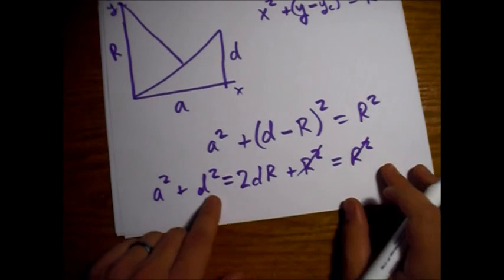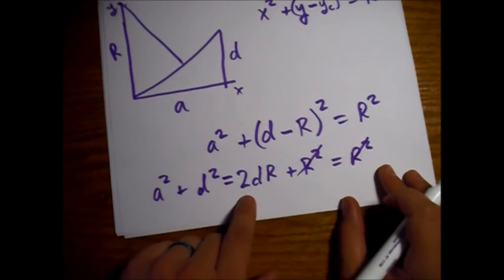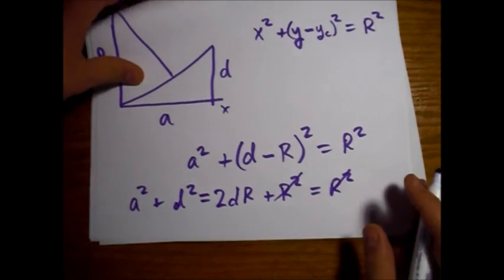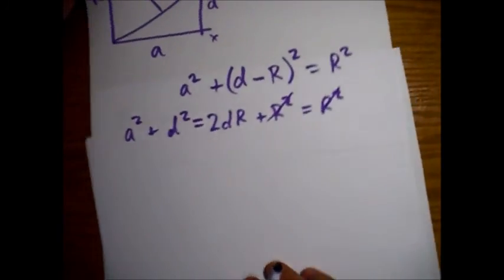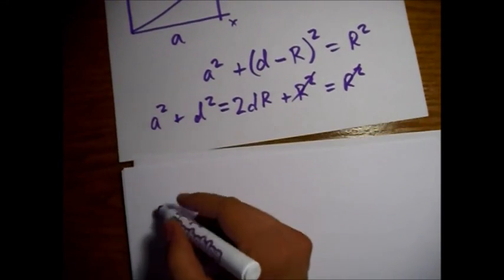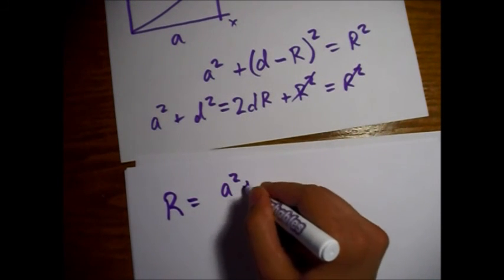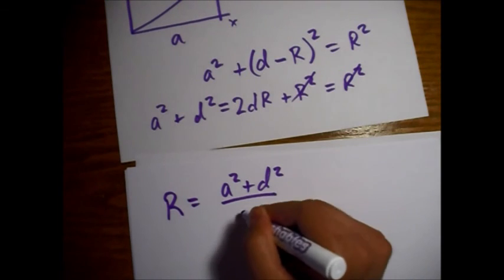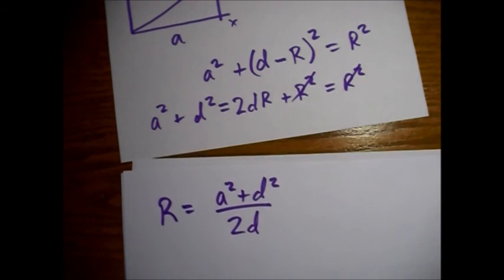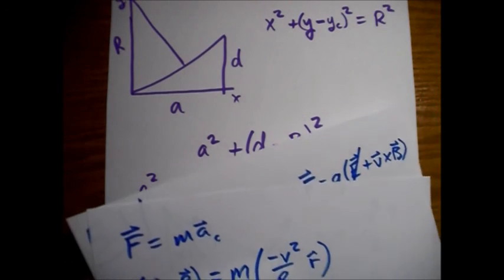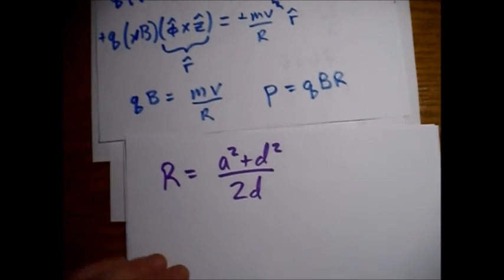So all we did was add 2DR to both sides. And now what we can see, solving for R, is big R equals A squared plus D squared divided by 2D. All right, so what we have to do now is just plug this into our formula for the momentum, and we're done.